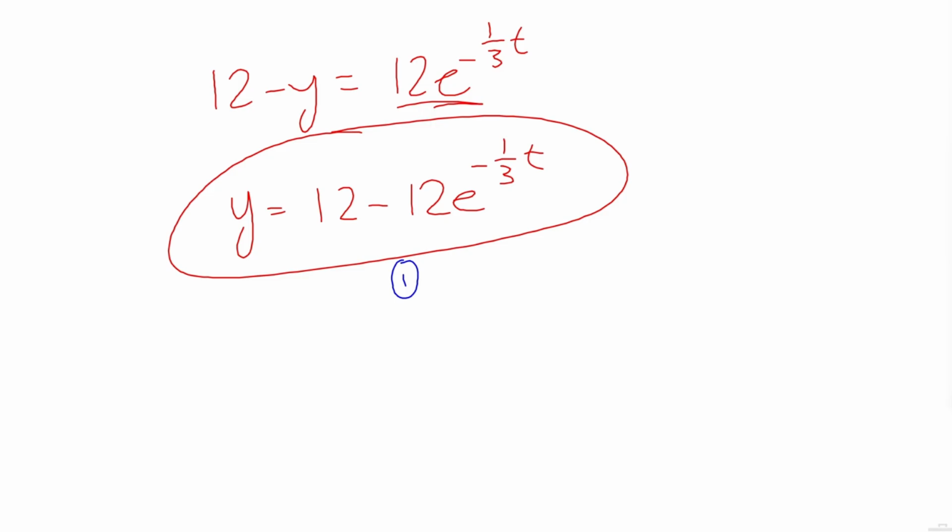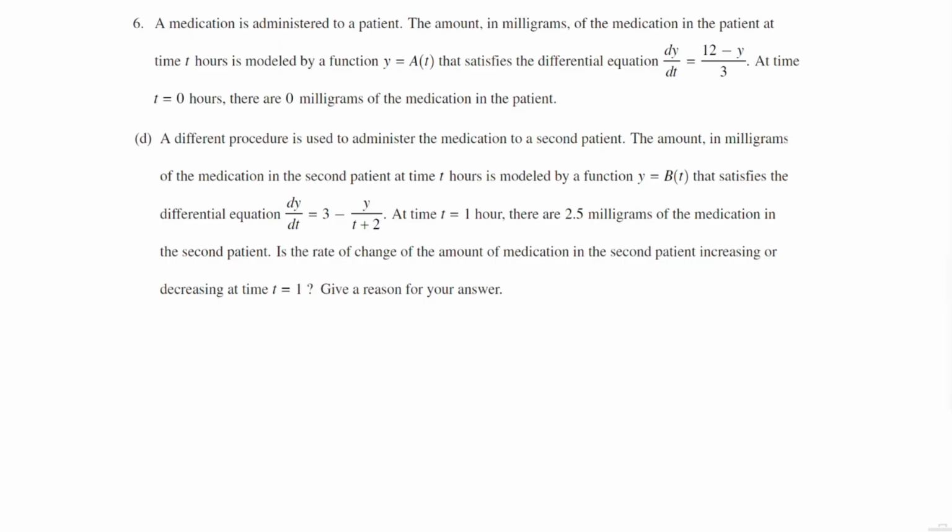And strangely enough, usually the separation of variables part of the differential equation is the end of it, but in this case, they've got a part D for us here. So we have a new procedure that's going to be used to administer this medication that's going to be modeled by a function b of t that has a different differential equation, dy dt equals 3 minus y over t plus 2.